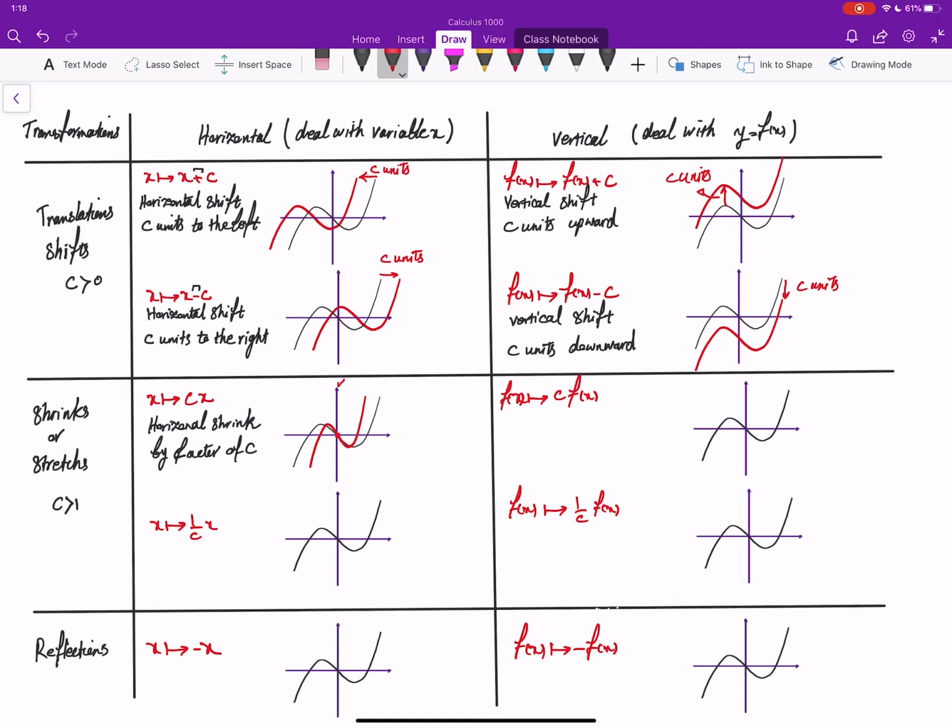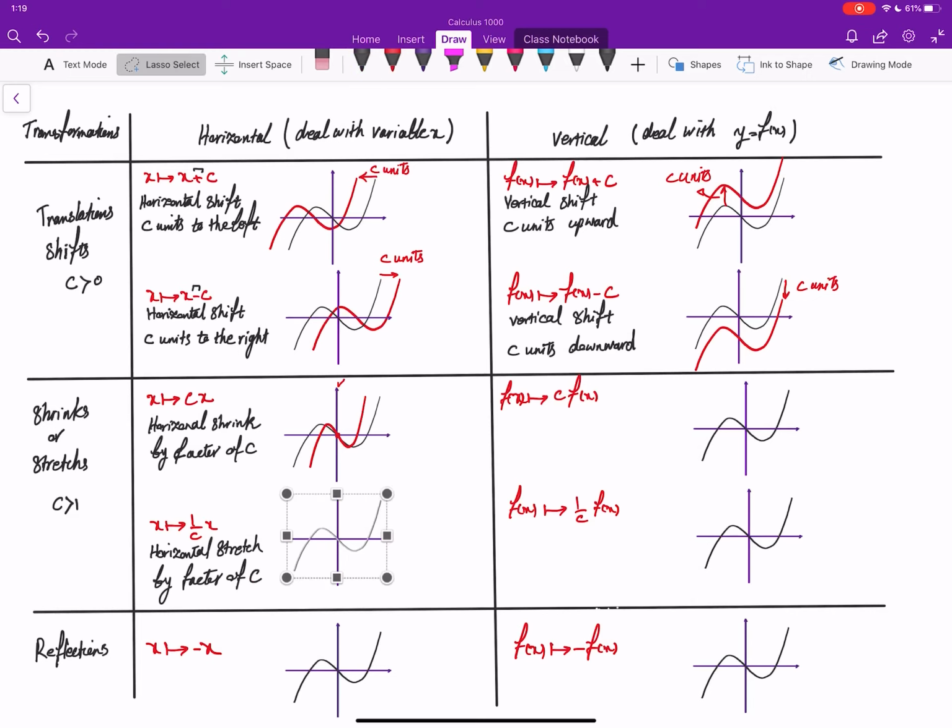And when you multiply x by 1 over c, then again it is horizontal, but this time it is a stretch by a factor of c. How do we do this one?